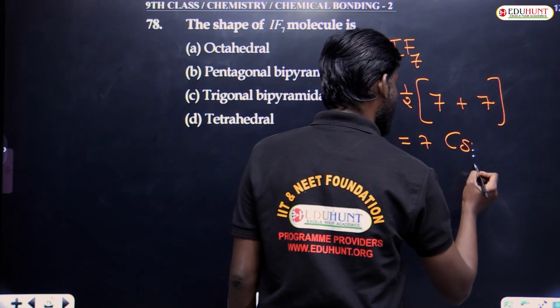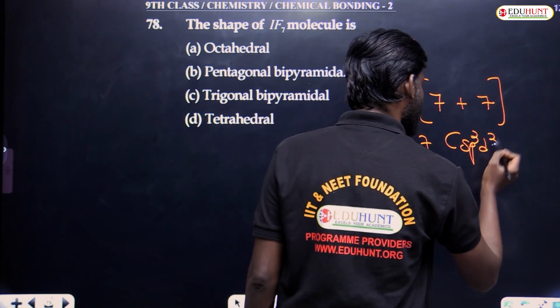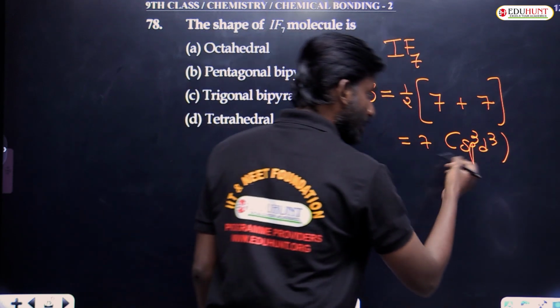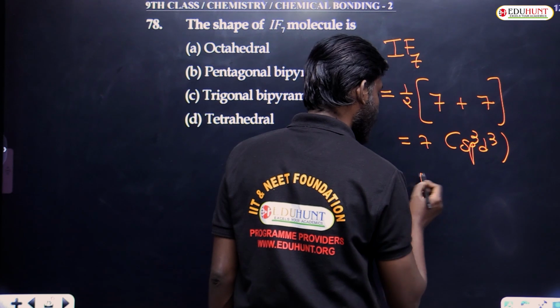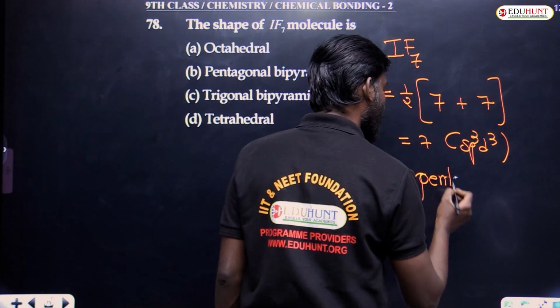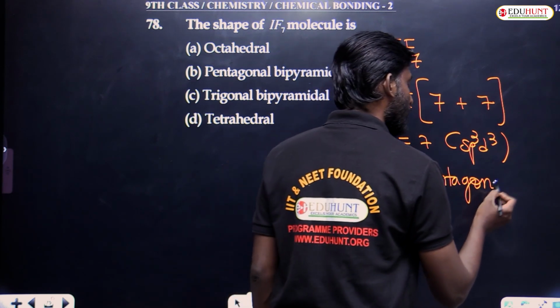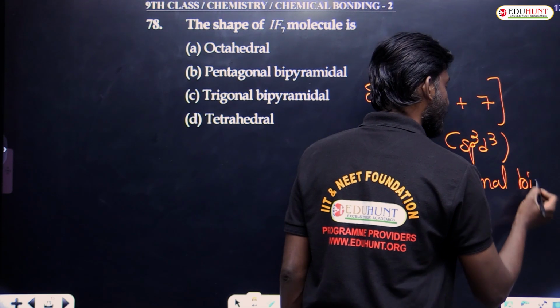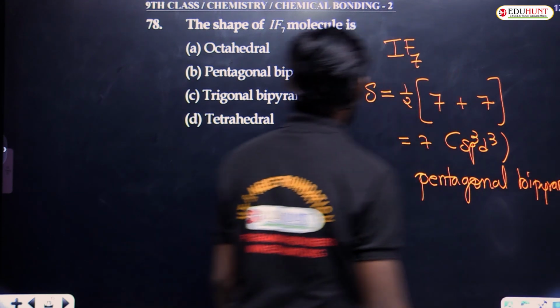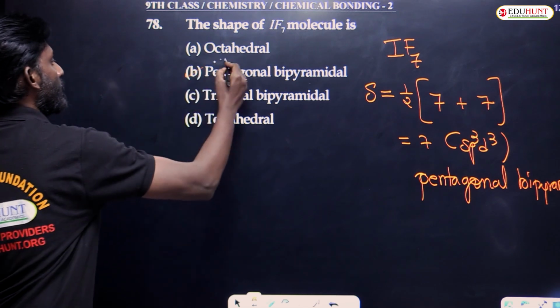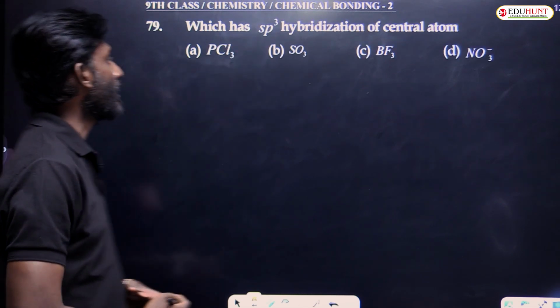So the hybridization is sp3d3 and the geometry suggested for this hybridization will be pentagonal bipyramidal.